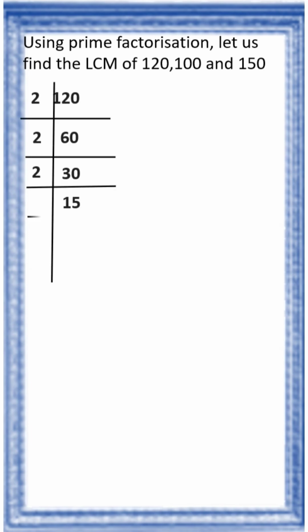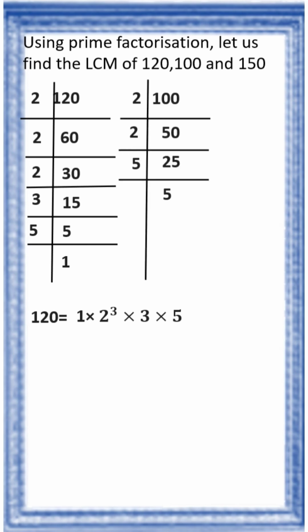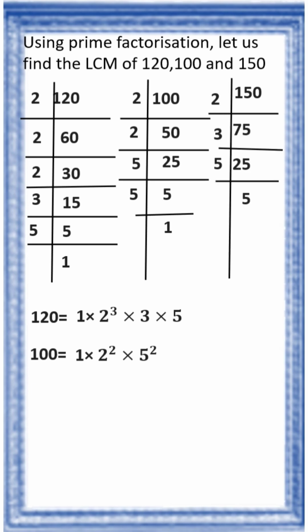120, let us prime factorize it. So 120 is equal to 1 into 2 cube into 3 into 5. Now let us prime factorize 100. So 100 is equal to 1 into 2 square into 5 square. Now let us prime factorize 150.